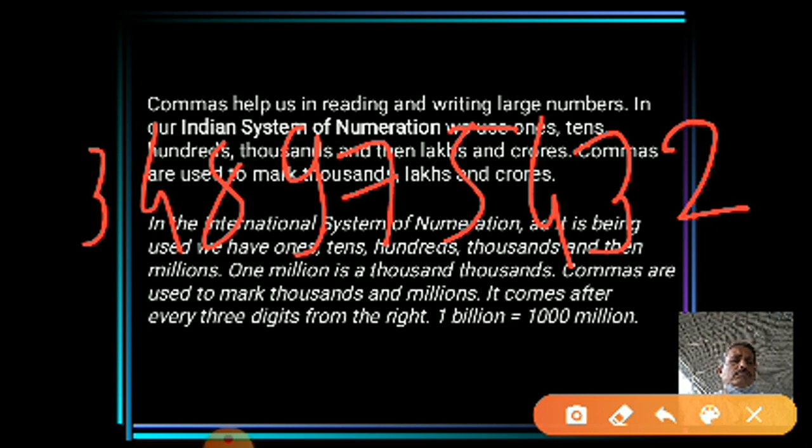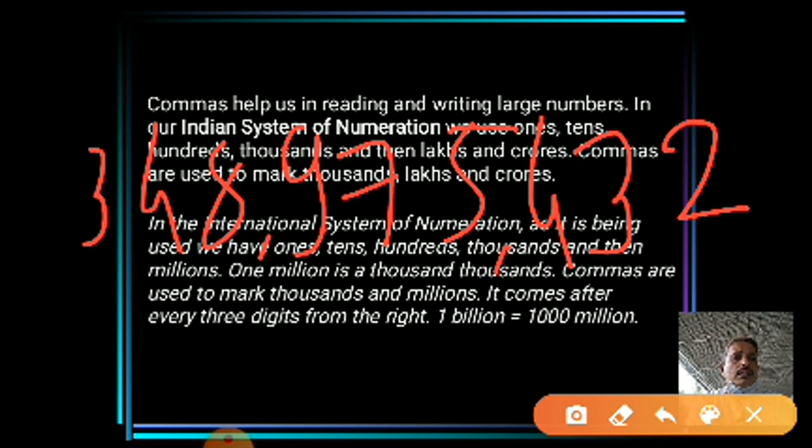Forget about everything. After 3 digits you can put the comma from the right side: 1, 2, 3, comma, 1, 2, 3, comma, 1, 2, 3. Easy? Good. International has 3 digits then a comma, and the Indian system has 3 once and then every two digits a comma.